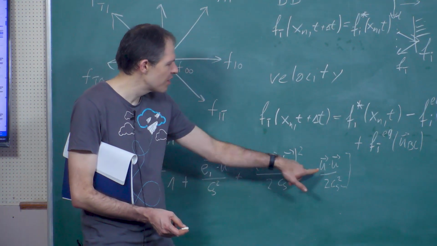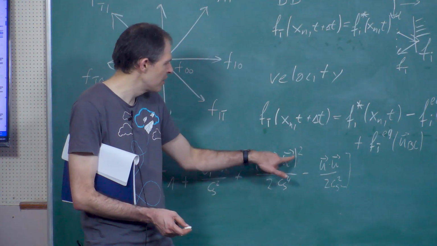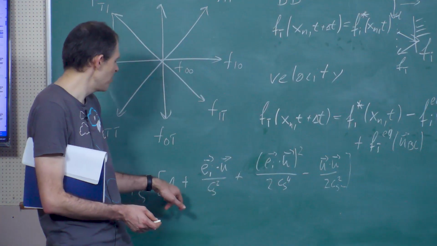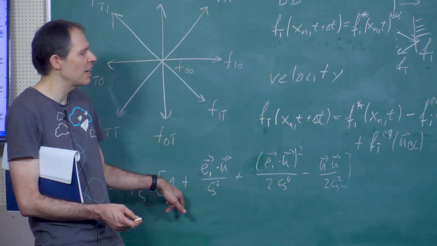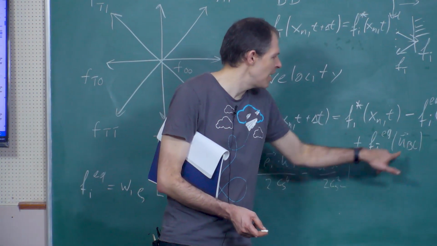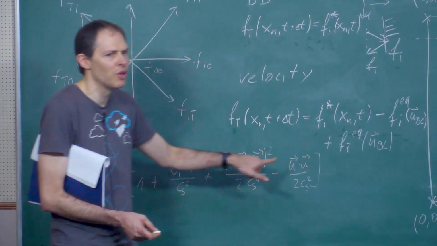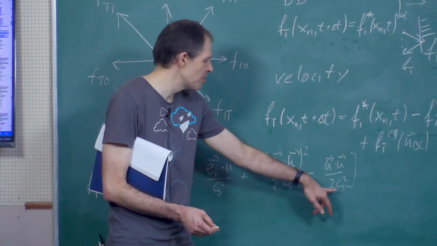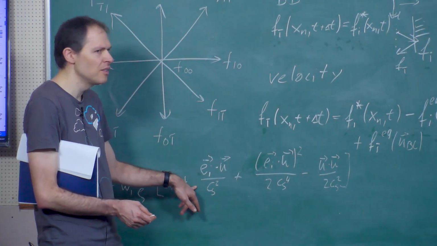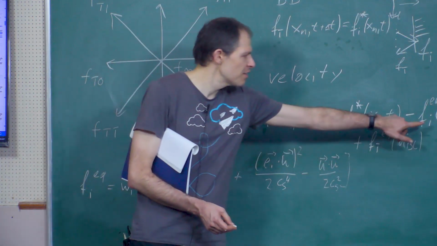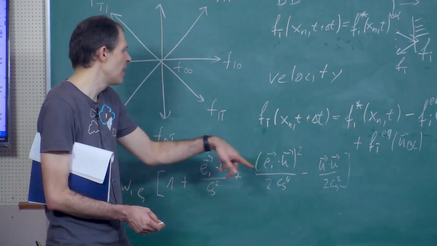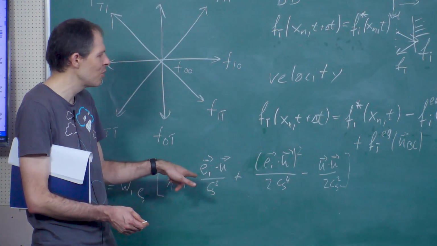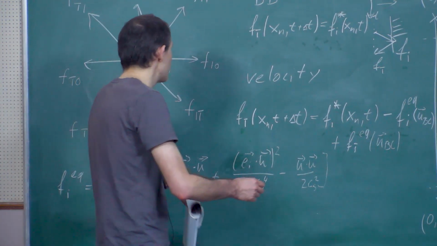And here, because these things are squared, they will be the same in both. The same goes, of course, for the one. They are the same in the f_i equilibrium and in the f_i inverse equilibrium. Yeah. So this and this will disappear, and here we get a minus from this one, and then a plus from this one, but a minus from that one, so that they come out together.